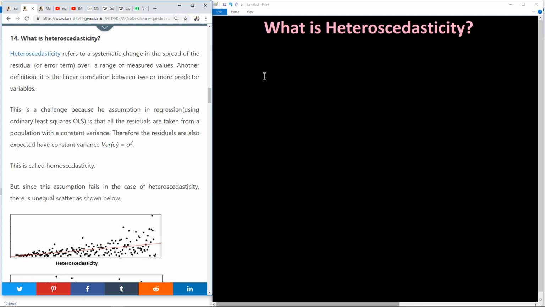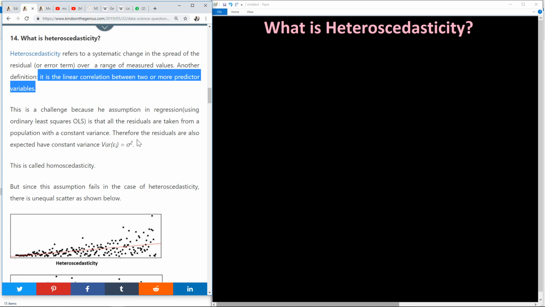Another definition is that it is a linear correlation between two or more predictor variables. So this second definition actually doesn't tell us much about it. The problem with heteroscedasticity is that in regression, which is ordinary least squares, all the residuals are taken from a population with constant variance.